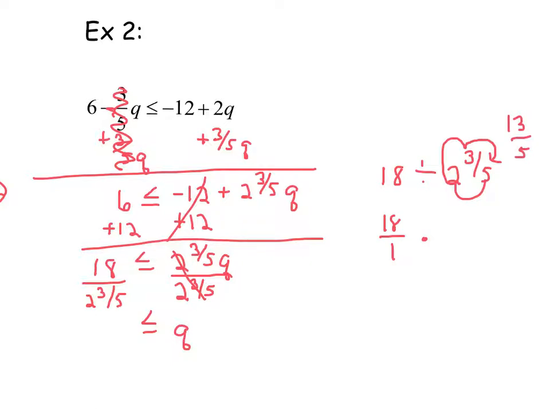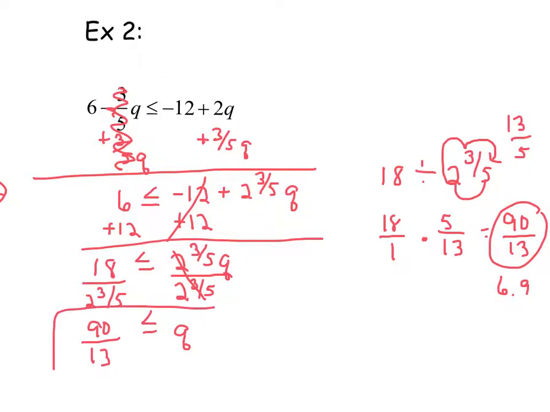Now I'm going to flip it to get 5 over 13. And then I multiply across, and I get 90 over 13. So my answer is q is greater than or equal to 90 over 13. If you make a decimal out of that, it's about 6.9.